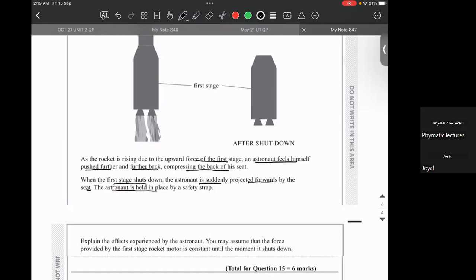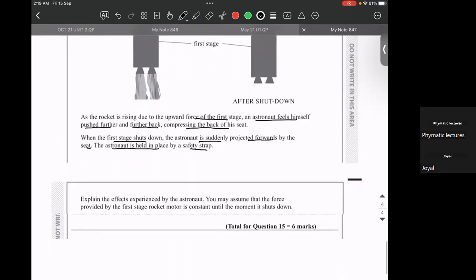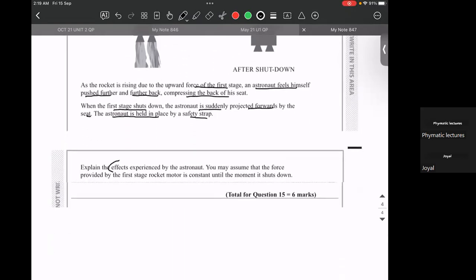The astronaut is held in place by a safety strap. Explain the effects experienced by the astronaut. You may assume that the force provided by the first stage rocket motor is constant until the moment it shuts down.